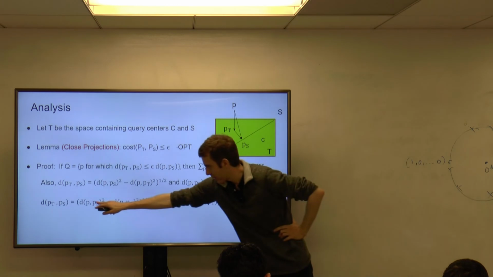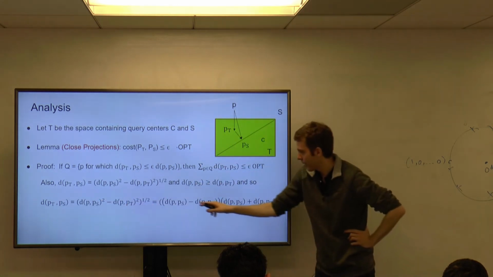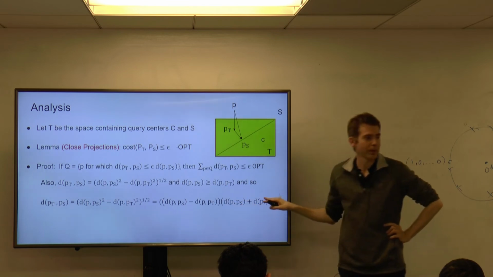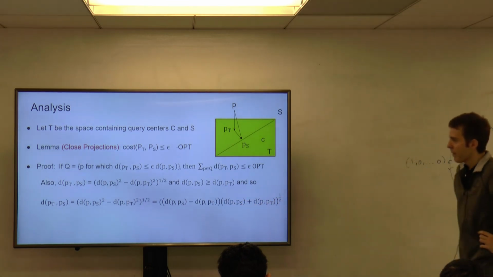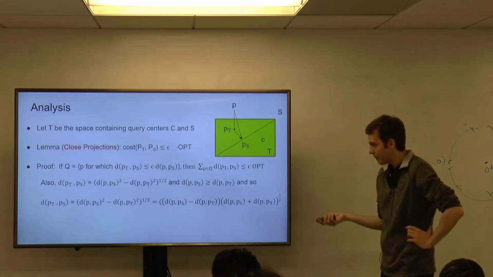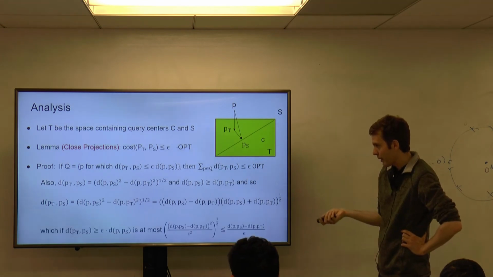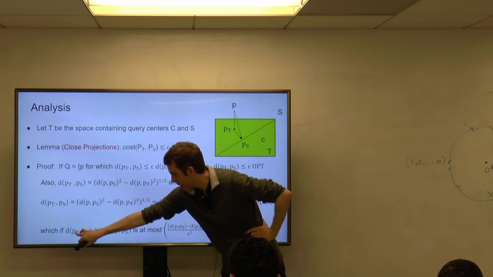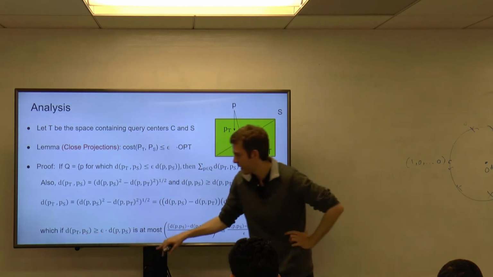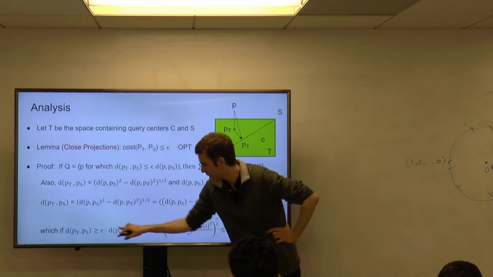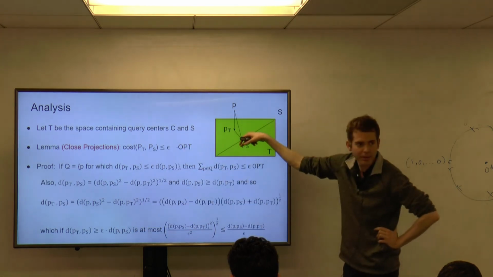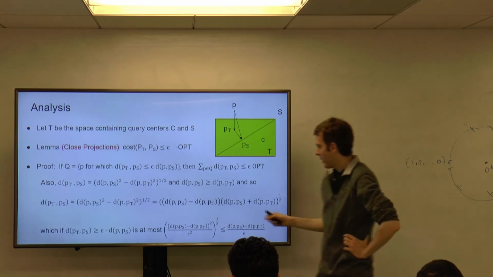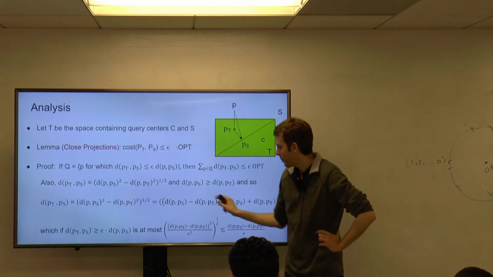Let's write this difference of two squares as the difference of these two quantities times the sum of these two quantities. Now what we know is that, since we're in the case where the distance between the projection onto T and the projection onto S is at least epsilon times the distance between P and S, this quantity can't be too small.